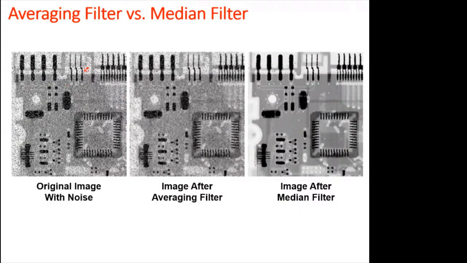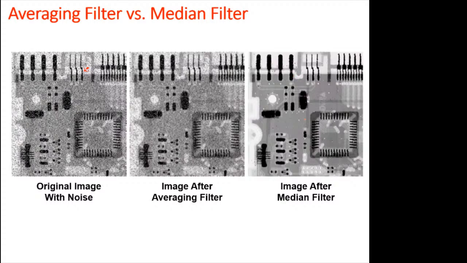So if you apply your linear average filter to this image, then this is the output image, middle one. However, if you apply the median filter to this original image, then this is the output. And you can yourself see that median filter is very effective in removing the salt and pepper noise.